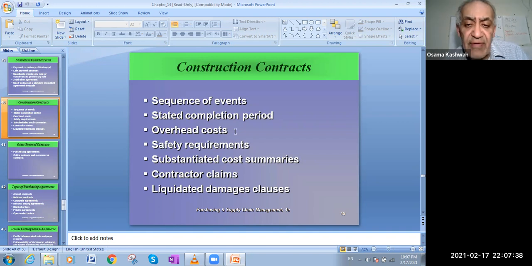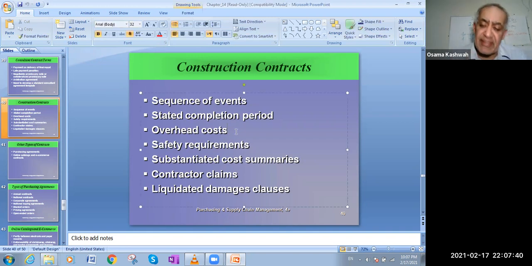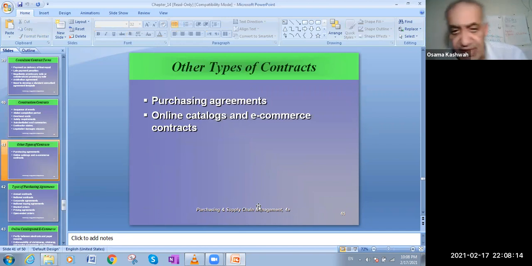Overhead costs mean the costs which you cannot directly trace to the direct cost, or give a share of each overhead cost to the cost of the unit produced. Sometimes some labor costs are involved in overhead costs. Then safety requirements, substantial cost summaries, contractors' claims, and liquidated damages clauses. Those are things in construction contracts.